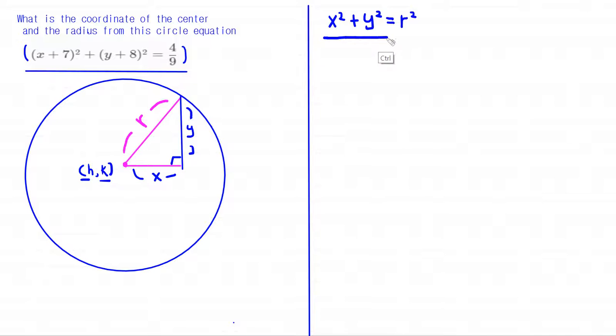And this equation right over here, this Pythagorean theorem, is similar to the circle equation. I need to simplify it a little bit more, and I can replace x with x minus h, because the point is h, but we went left, so we subtract h.